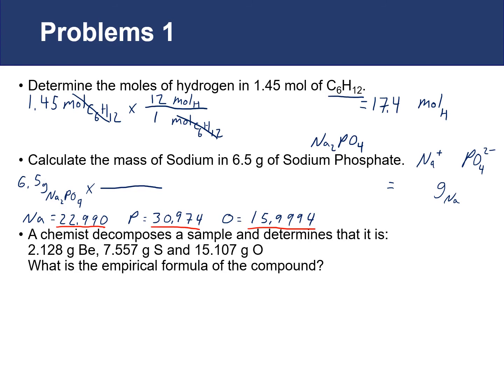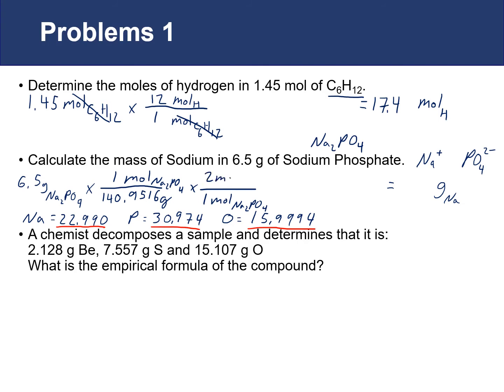When you do so, you'll get a value of 140.9516 grams for each mole of our Na2PO4, sodium phosphate.